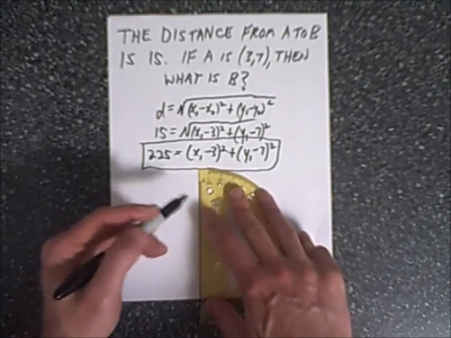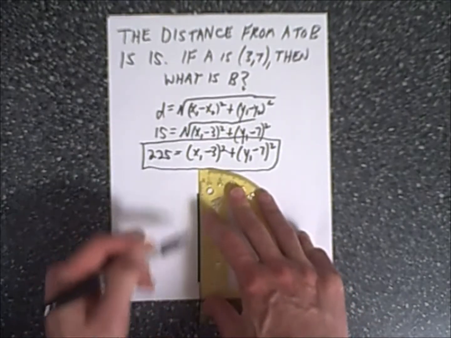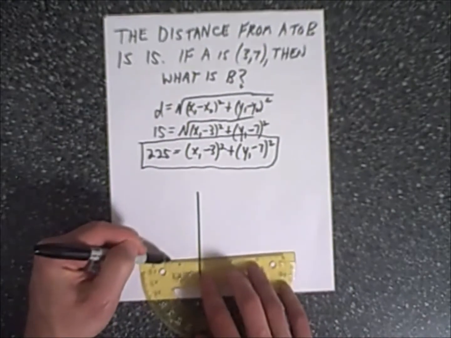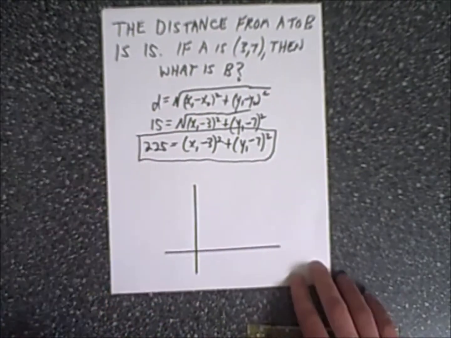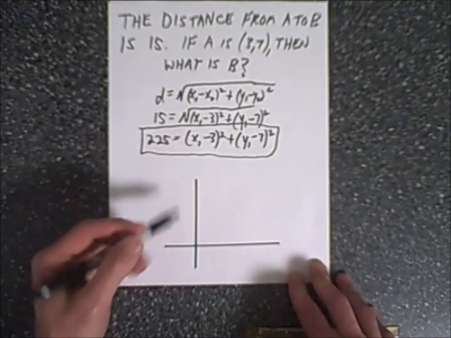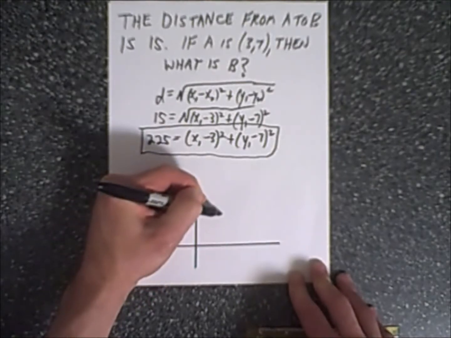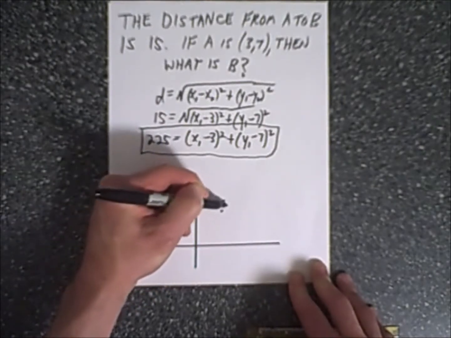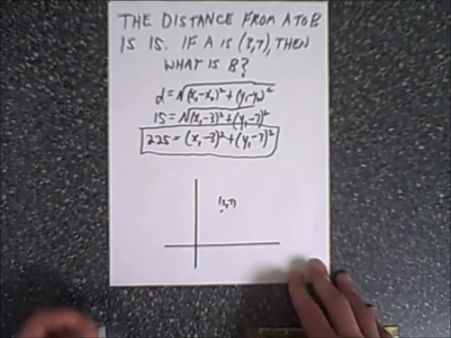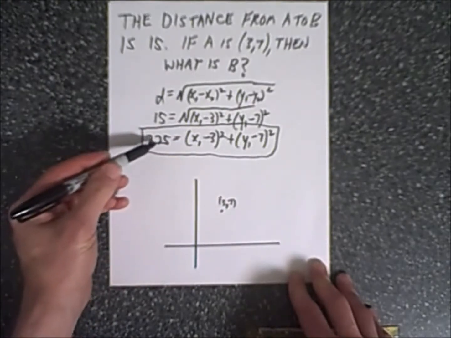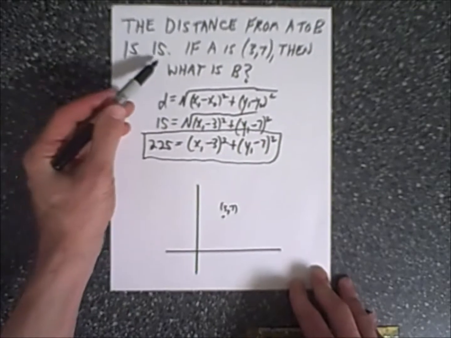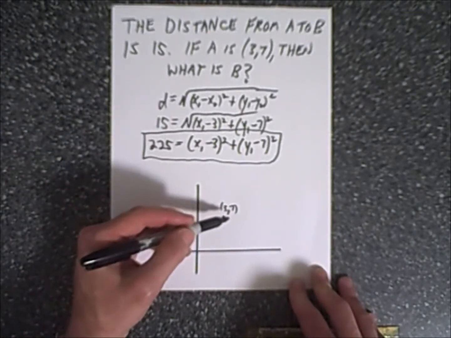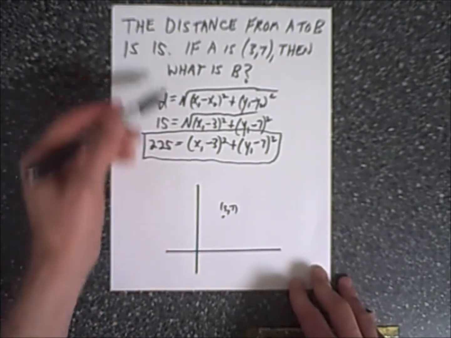Okay, so we'll draw our x and y coordinates. And 3, 7 is our center, so let's put it about right here. This is 3, 7. And the radius is, as we mentioned, 15, which is the distance from A to B. This is point A, and B is going to be anywhere 15 units away.